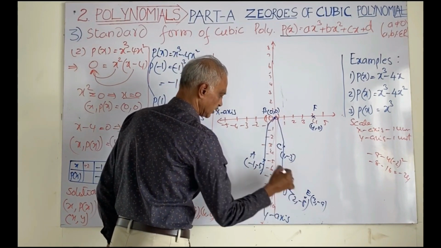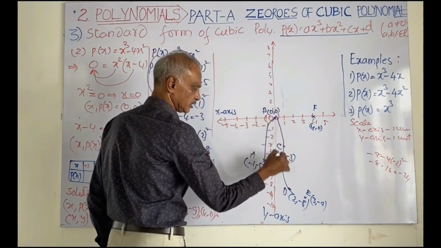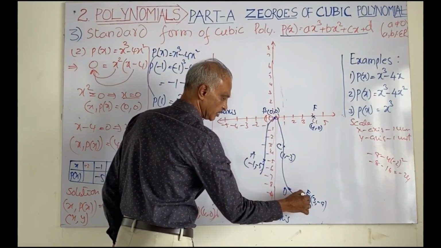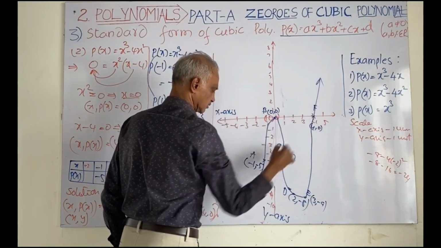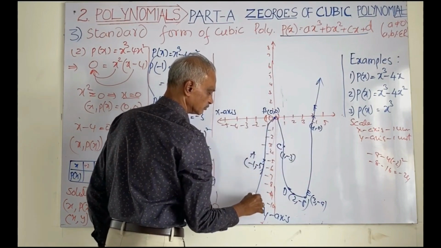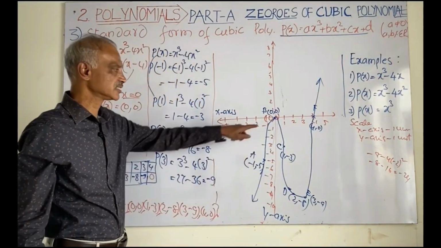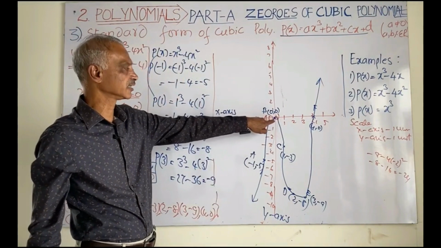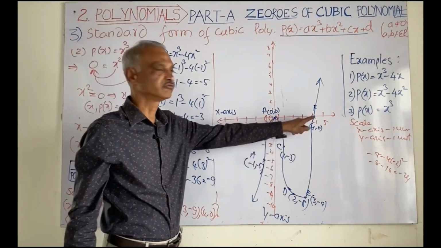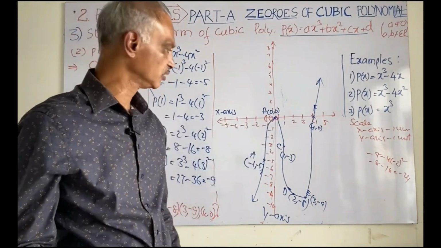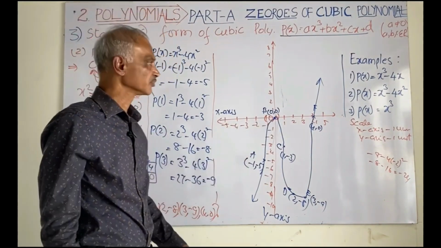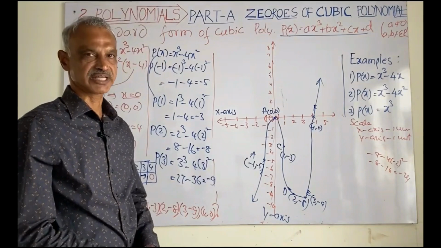You extend the curve. It is cutting the x-axis at 0, 0 and 4, 0, because the zeros of the polynomial are 0 and 4. This is the graph of the cubic polynomial x cube minus 4x square.